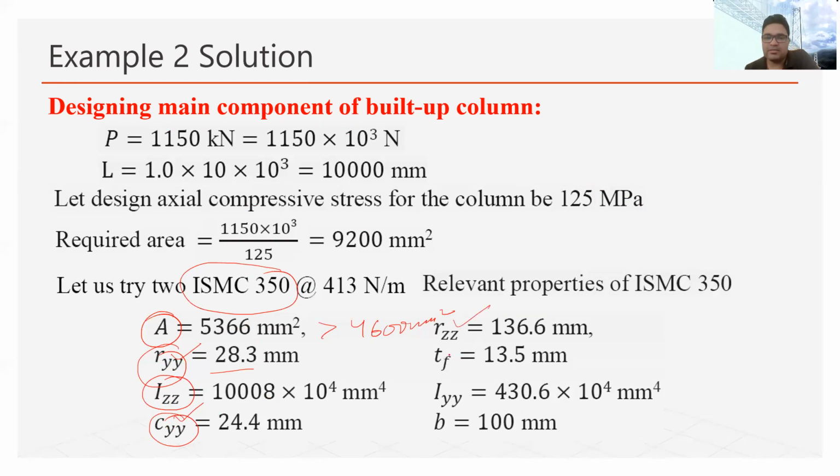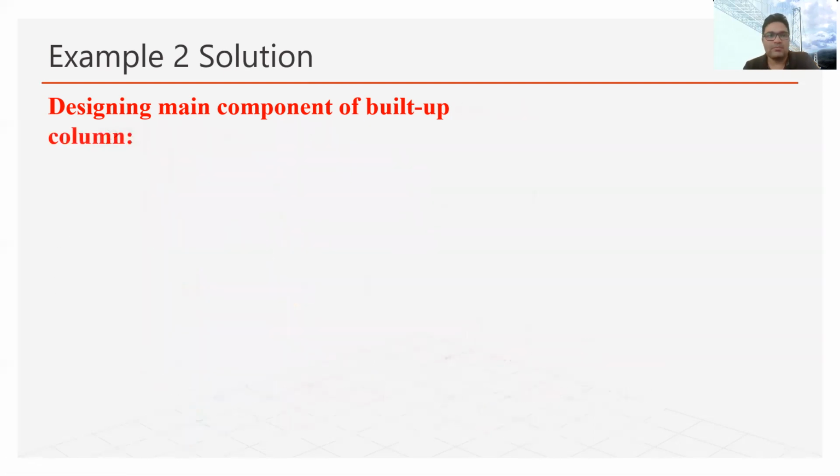Then RZ, thickness of flange, IYY, and this B value will also be very important, because we will check the depth of the batten with this. All these values are very important, and we can easily find them from the steel table. Now after this, we will find the slenderness ratio.